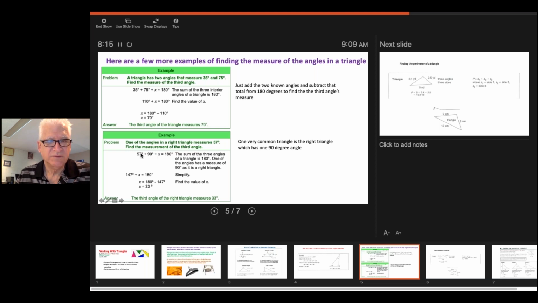You take the two known angles, add them, plus the third angle, and it will add up to 180 degrees. So 57 plus 90 equals 147, plus the third angle has to equal 180. Subtract 147 from both sides, and you find that the missing angle is 33 degrees.